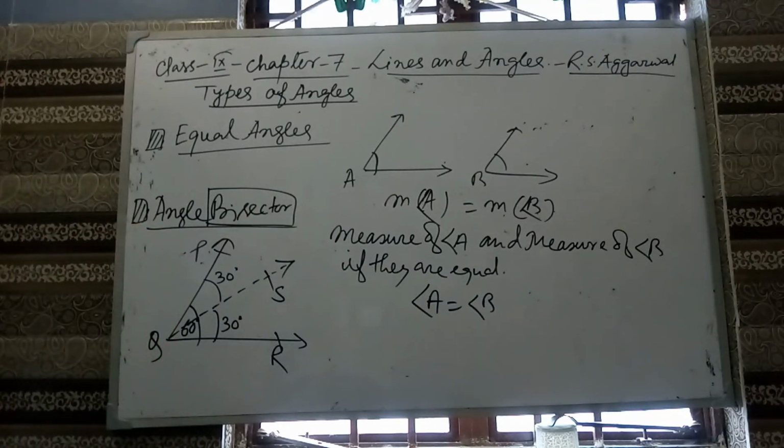Bisector means it will divide the whole thing into two equal parts.